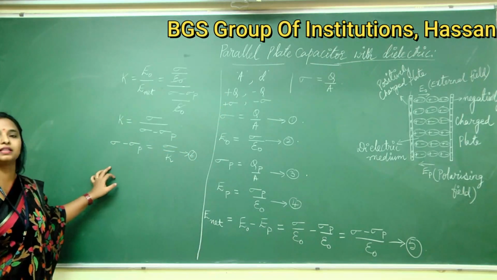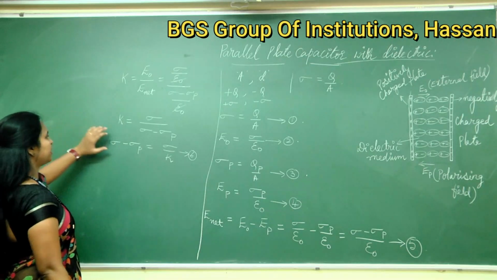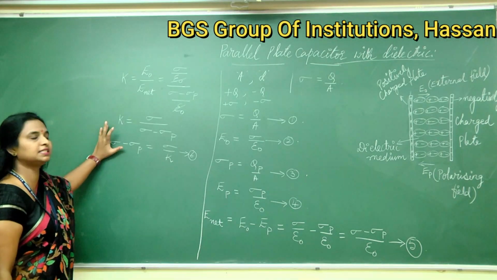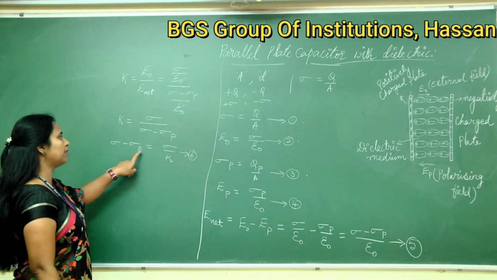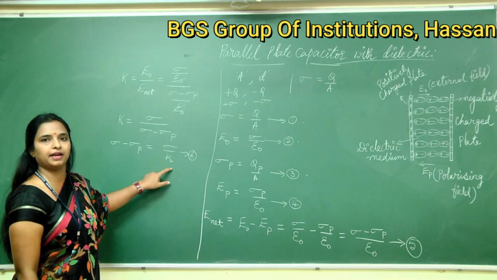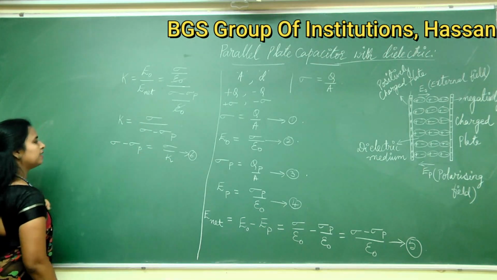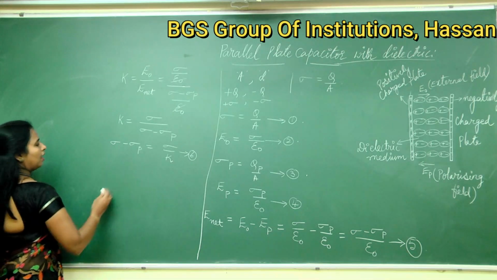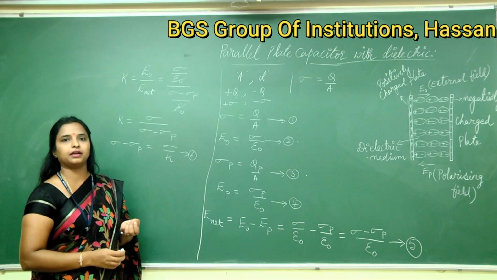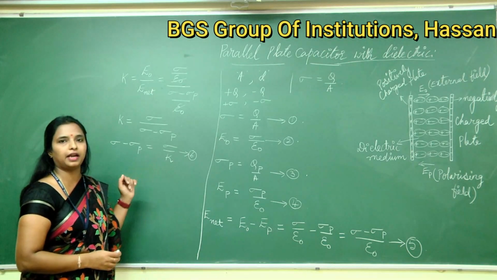So we have arrived at equation 6, the expression for net charge density, that is sigma minus sigma P is equal to sigma divided by K. Now, we have already derived the negative potential gradient.